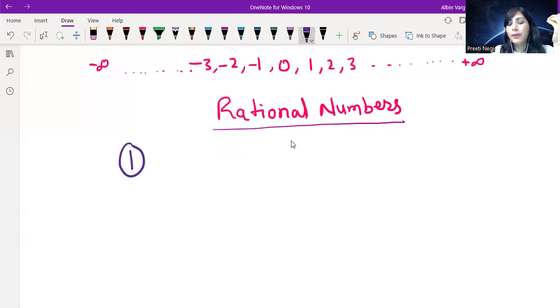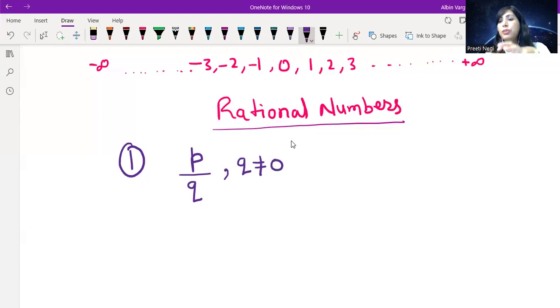So let's talk about the rational numbers. The first thing in rational numbers: it says a number which we can write in the form of P/Q. Means जिसको हम P upon Q की form में लिख सकते हैं, और जहां Q is not equal to 0, means denominator shouldn't be 0. Denominator 0 नहीं होना चाहिए, तो उसको हम बोलते हैं rational number.